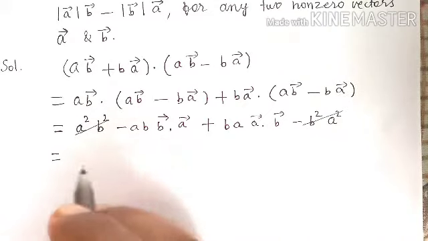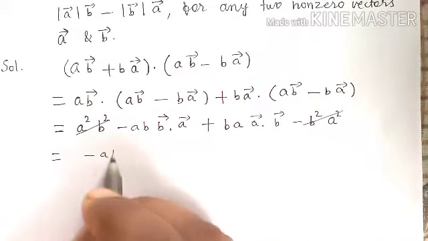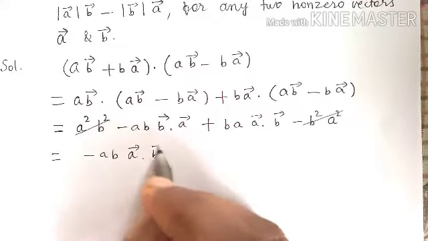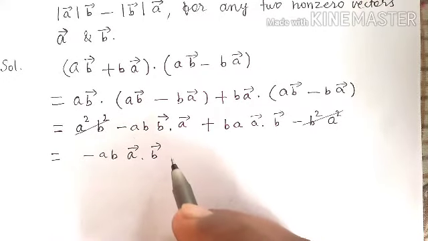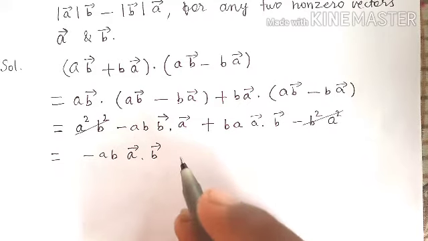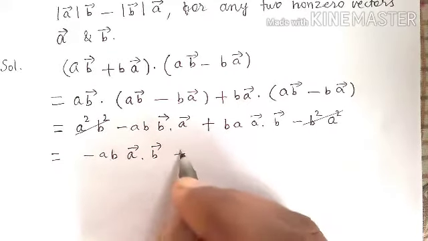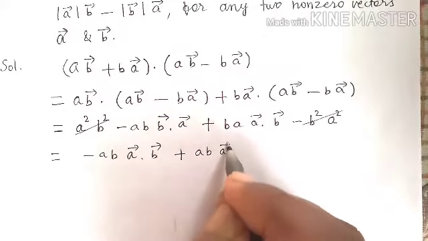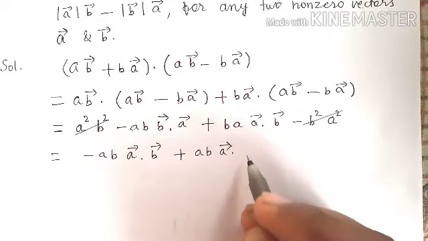Here minus AB vector A dot vector B, because the dot product follows the commutative property, we can write BA as AB. This is equal to 0.